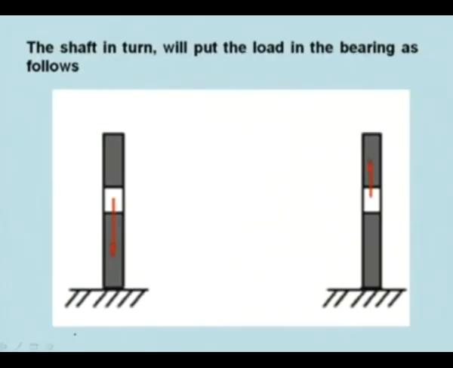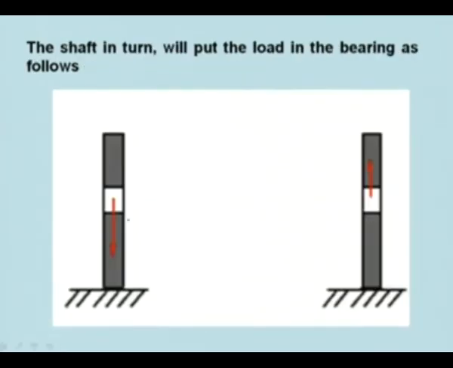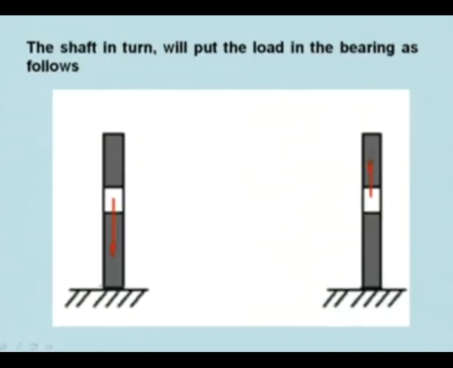The shaft in turn puts the load on the bearing the opposite way, by Newton's third law. Thus the left bearing will be loaded downward and the right bearing upward.